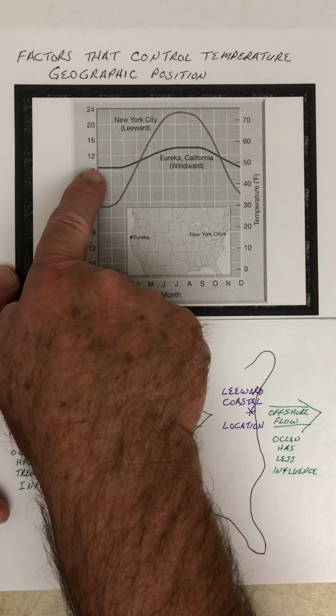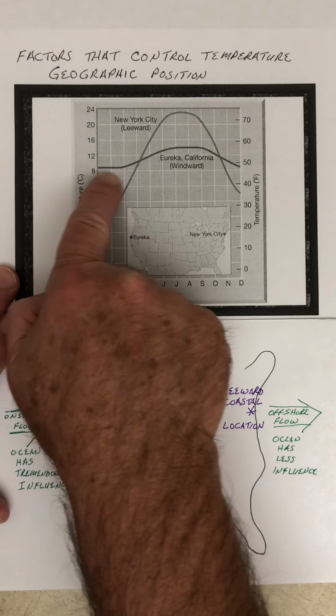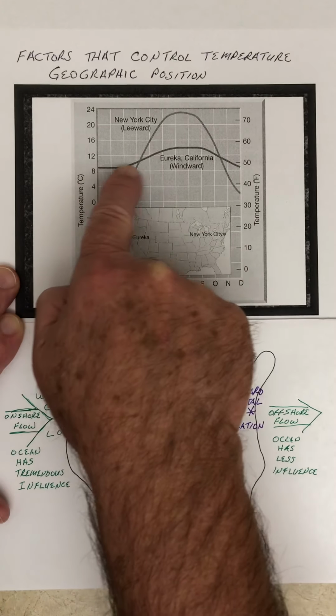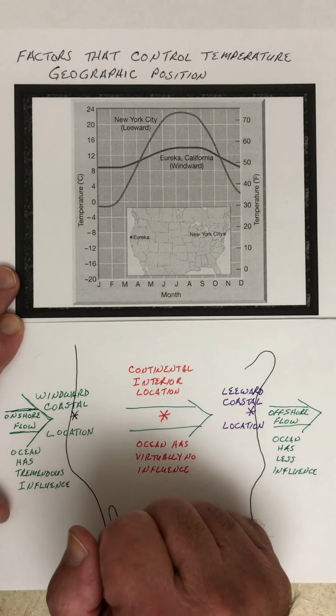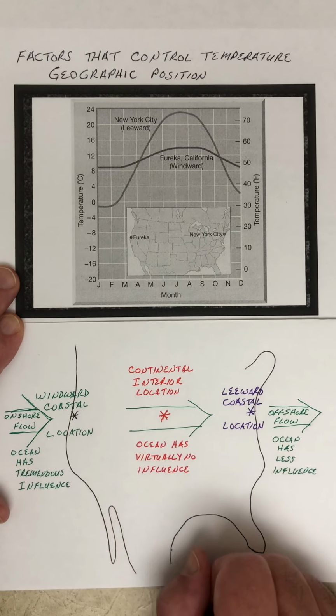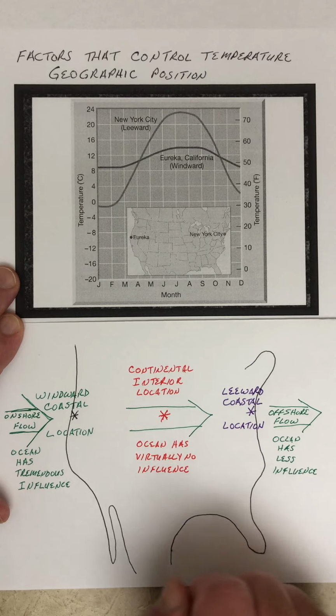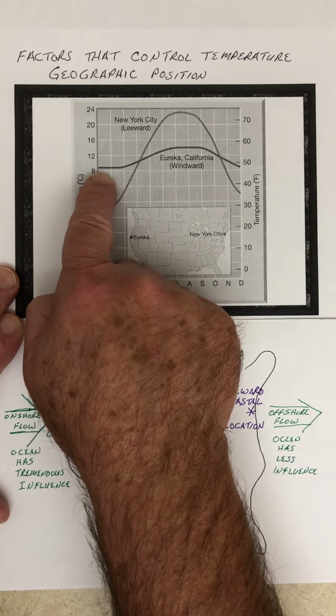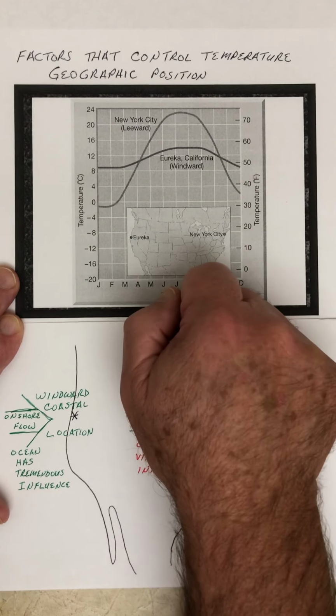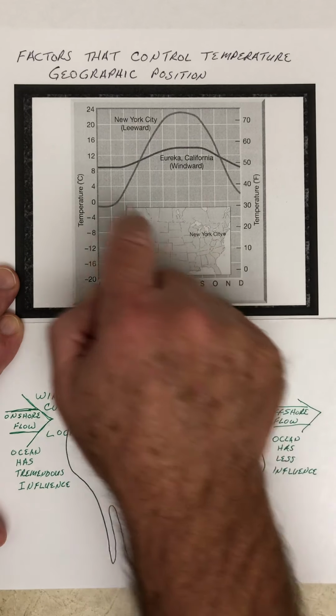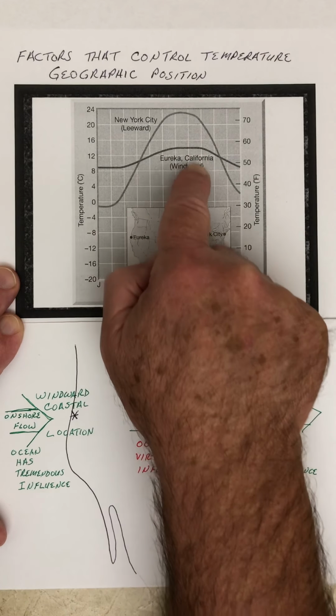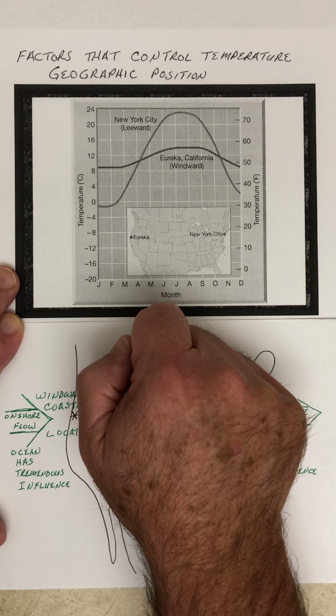So look at first at Eureka. Notice the temperature curve throughout the course of the year is relatively flat. You're really getting that moderating effect of the ocean, air flowing over the ocean for 6,000 miles. And as a result, the range of temperature throughout the course of the year is pretty small.